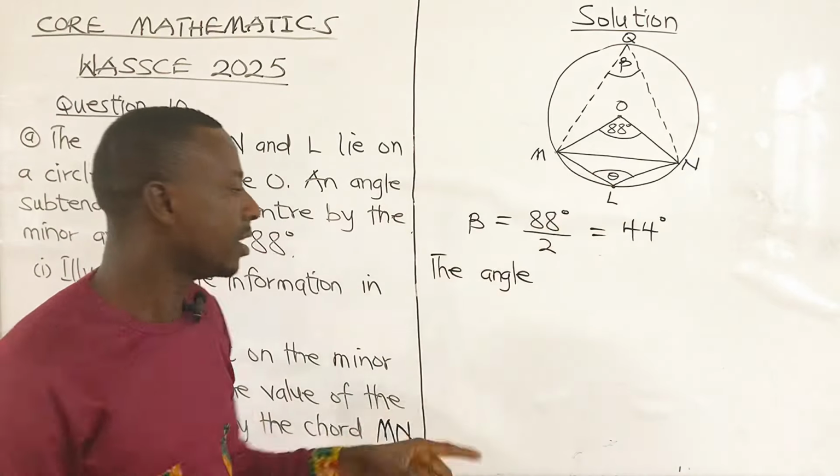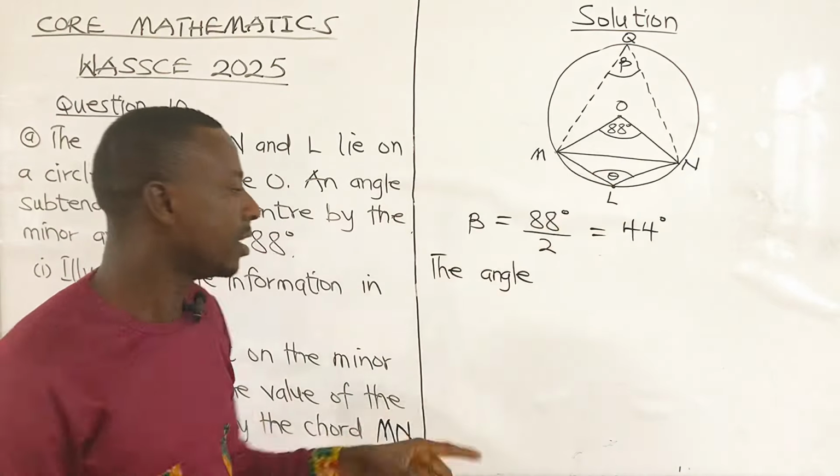Is twice the angle subtended by the same chord MN to the circumference of the circle.